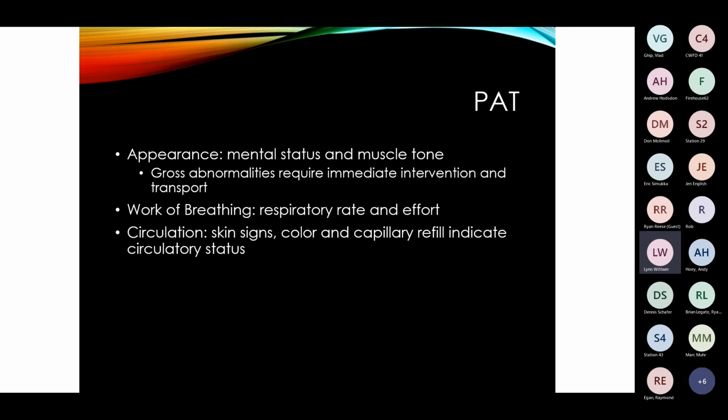Look at the work of breathing, the respiratory rate and effort, and that's why you need to be familiar with the normal ranges for children. All of us have little cheat sheets for that, but generally speaking, a respiratory rate above 30 per minute is abnormal for most everyone.